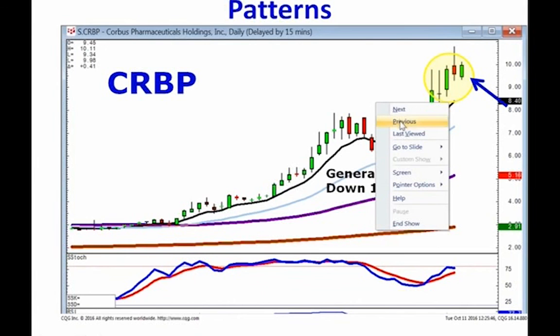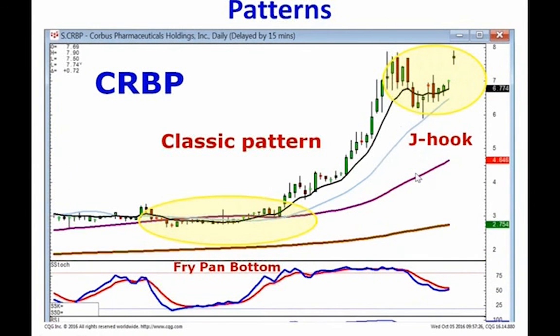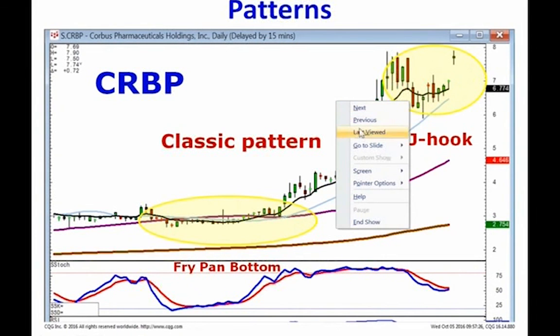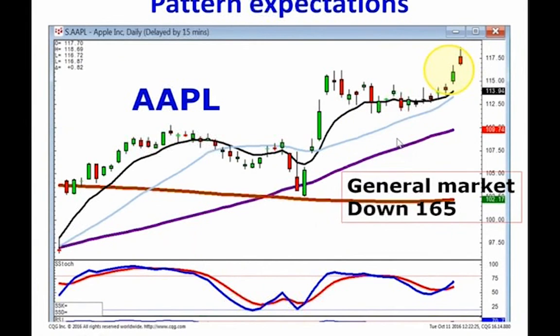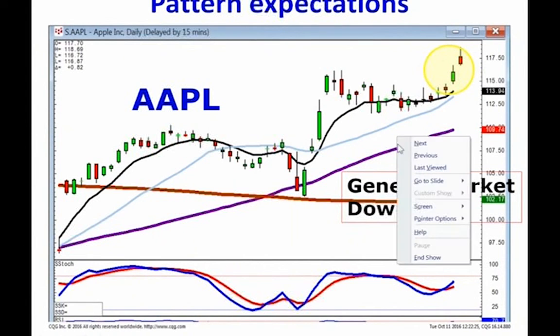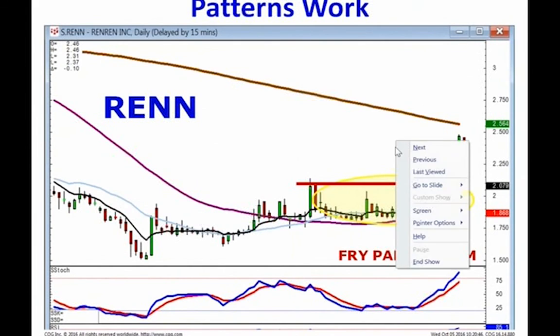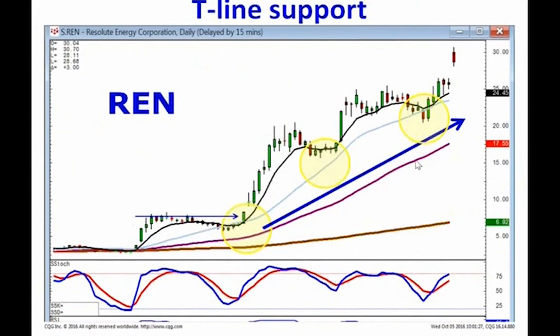Let me go back to see if I can find... That's the same one. Here's a case where, yeah, we did close out here. We bought back here.